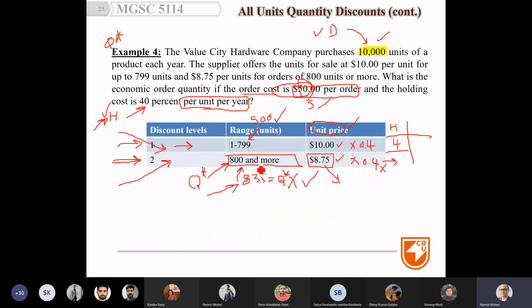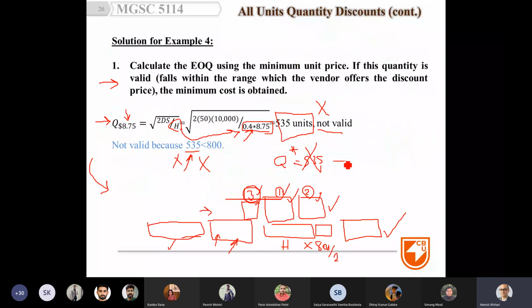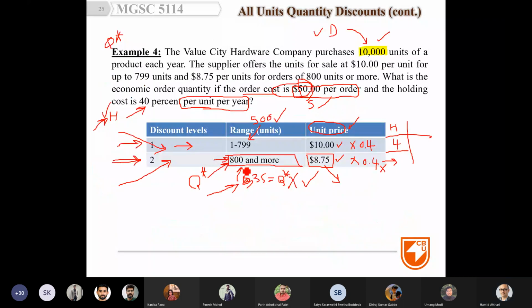So 535 is not a number in that range. When it's not valid, what should I do? Which value should I use? Q star is 800, the minimum value in that range. What is the minimum value in this range?